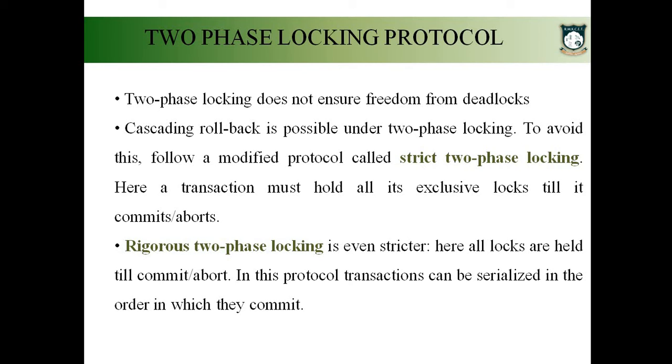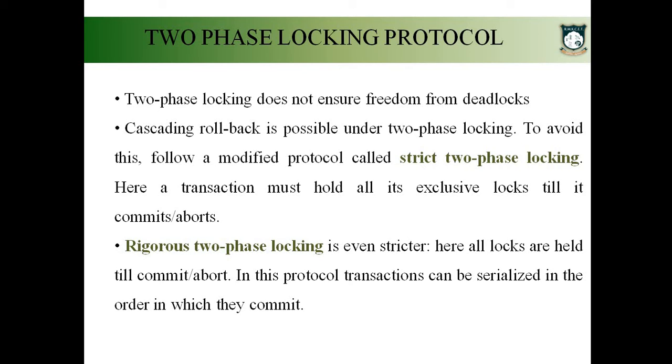In strict two-phase locking protocol, whenever a transaction locks a data item in exclusive mode, the exclusive lock will be released only at the end of the transaction. We already learned that in the growing phase locks can be obtained and in the shrinking phase locks can be released. That is two-phase locking protocol.